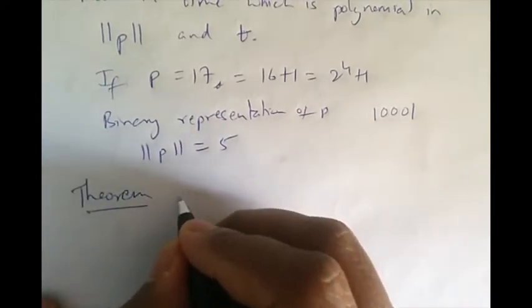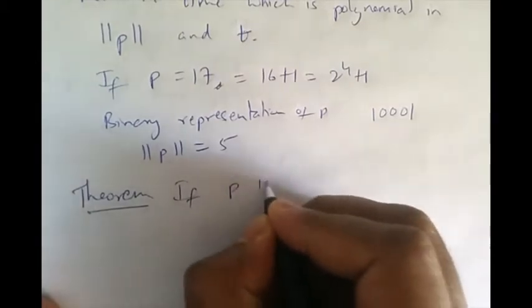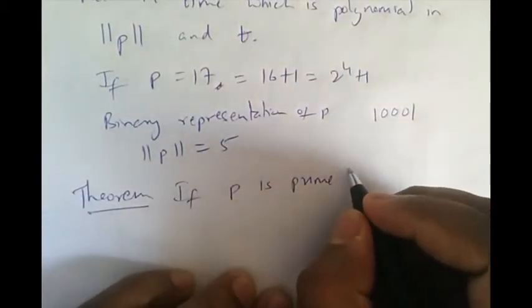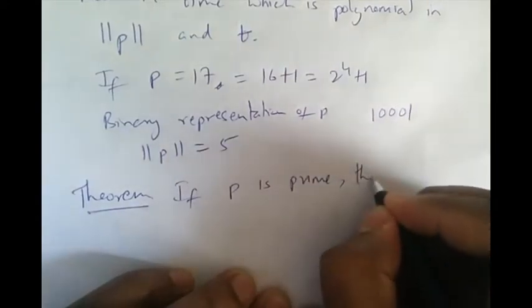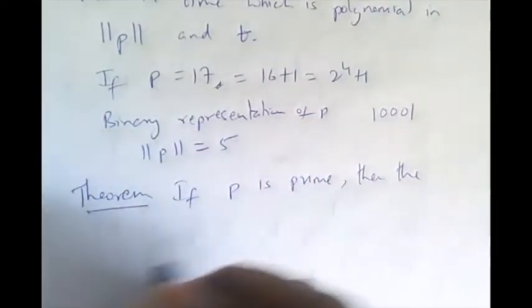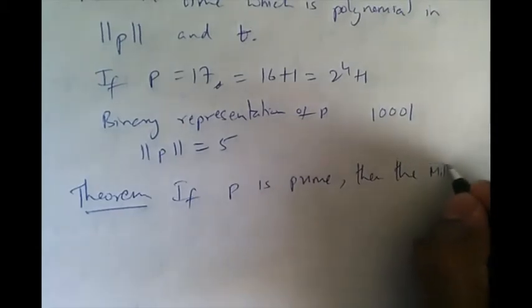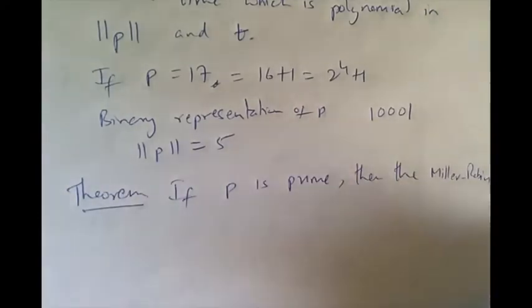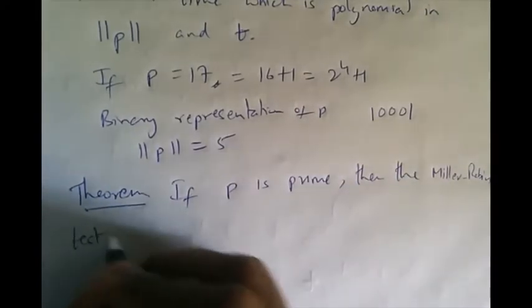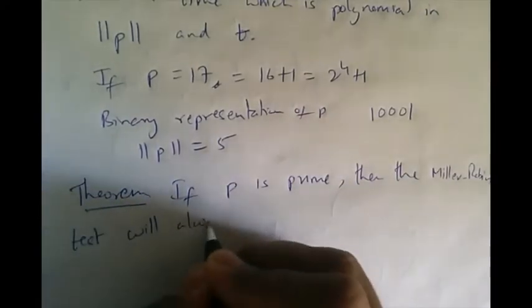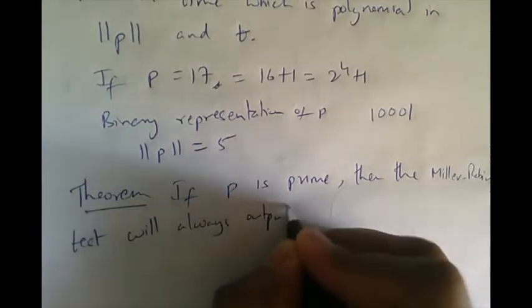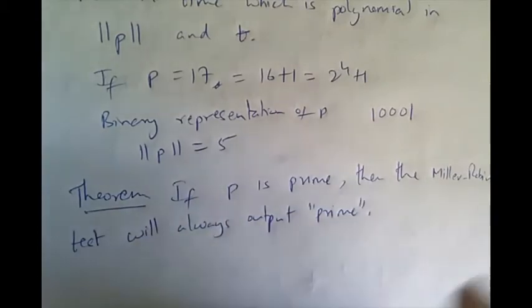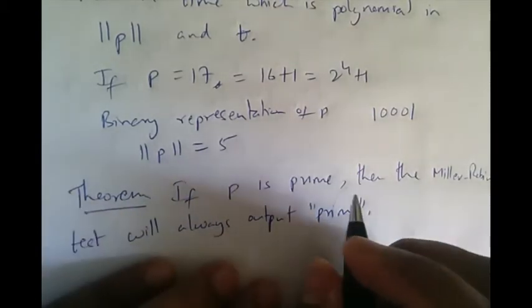If p is prime, then the Miller-Rabin test will always output prime. So with probability 1, it will identify a prime.